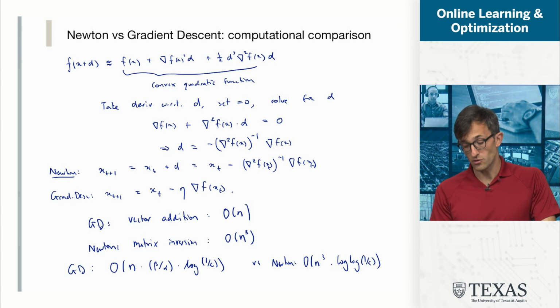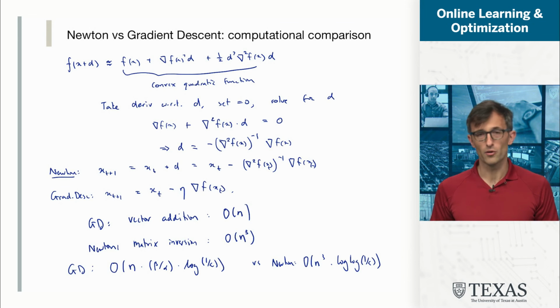But as n grows, the n cubed term has to be much, much smaller than log 1 over epsilon, and log 1 over epsilon is already pretty small. So for a smaller problem where you really care about very high accuracy, Newton is your algorithm. For a large problem where you may not be so intent on absolutely tiny epsilon, you need gradient descent.